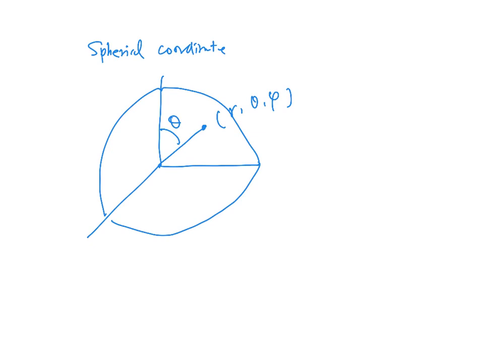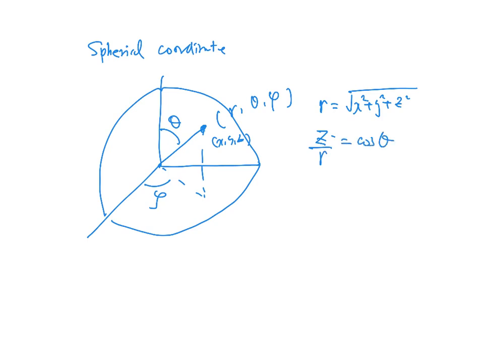This is theta, and this is phi. So if it is x, y, z, R is defined as the square root of x squared plus y squared plus z squared. z over R is cosine theta, or theta is cosine inverse z over R. Phi is tangent inverse y over x.